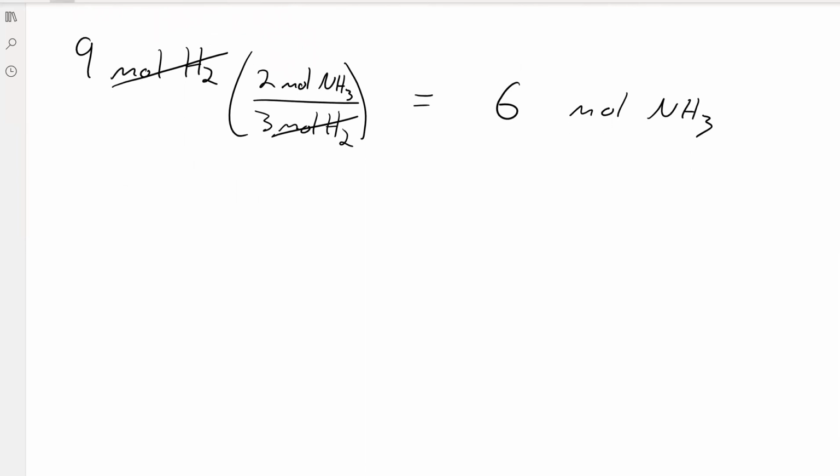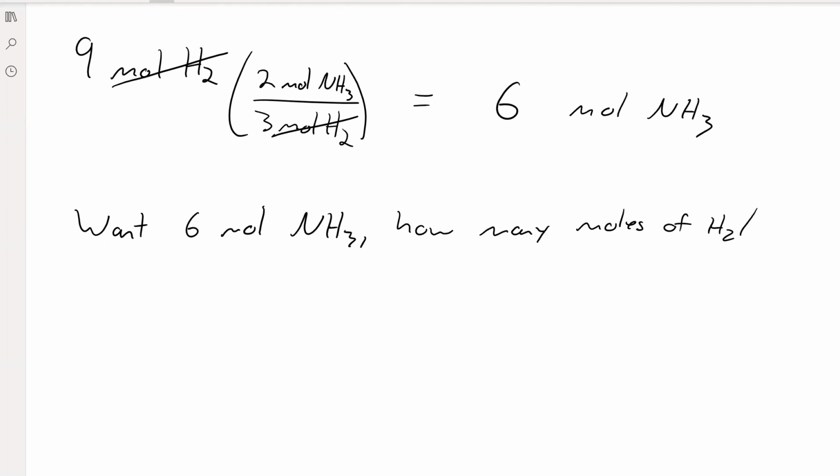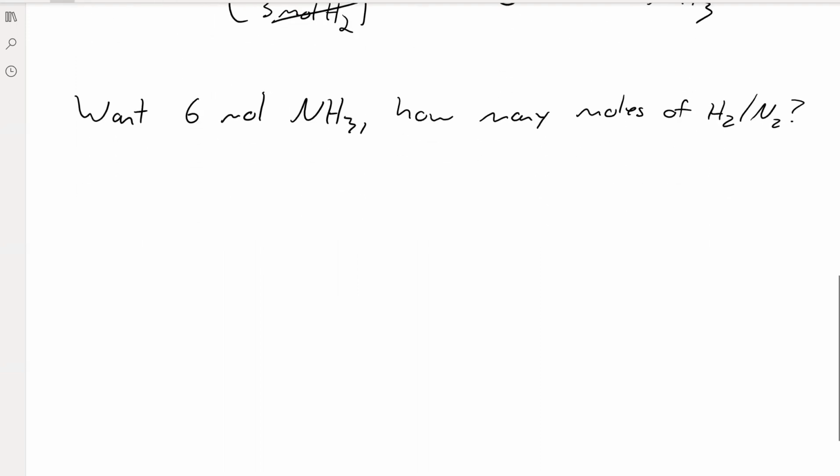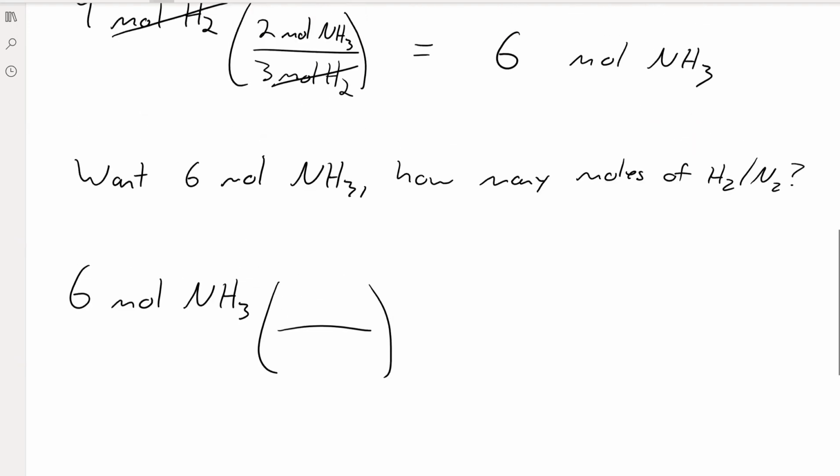Can ask other types of questions like, what if we want 6 moles of NH3? How many moles of H2 and N2 do we need? So again, we're going to start off with what we want or what we have, 6 moles of NH3, and then start converting it into what we want. In this case, we want 2 different values, so we're going to have to do 2 different conversion units.